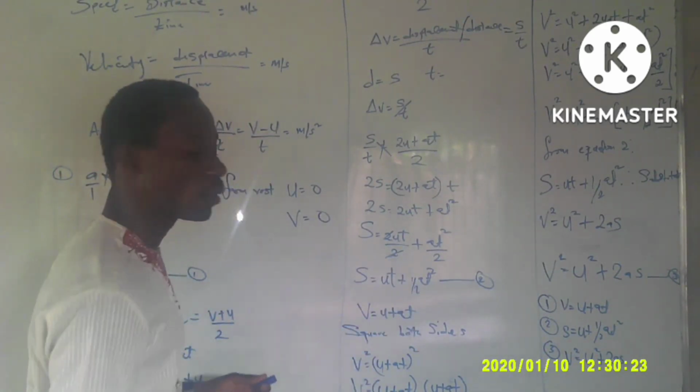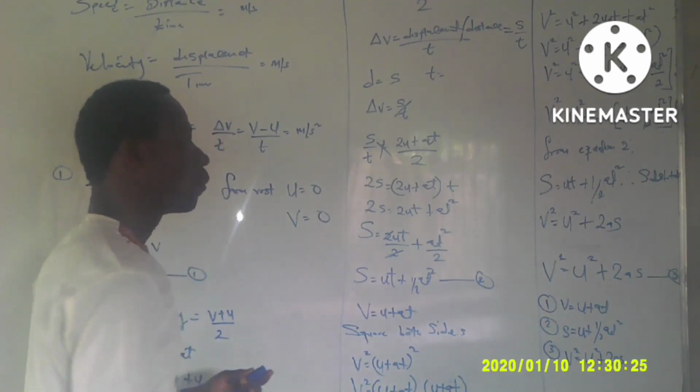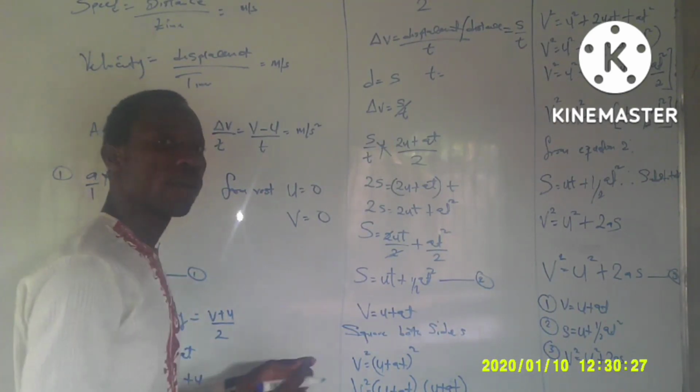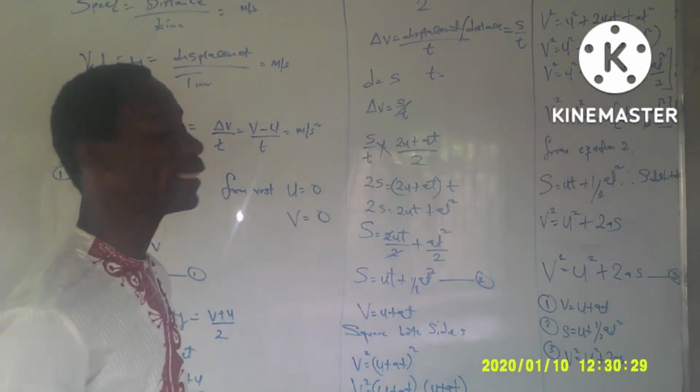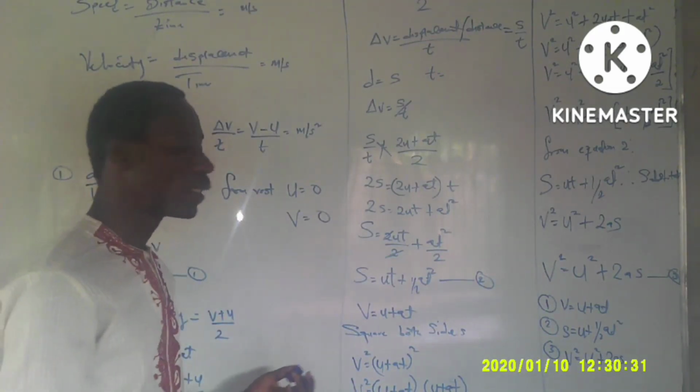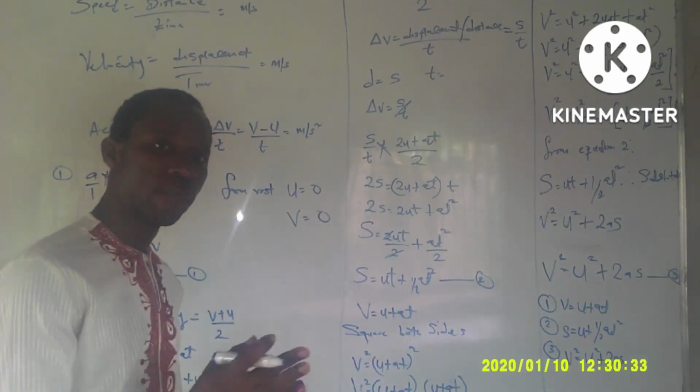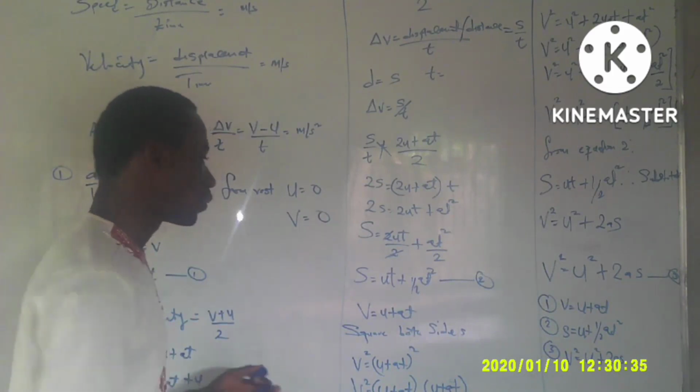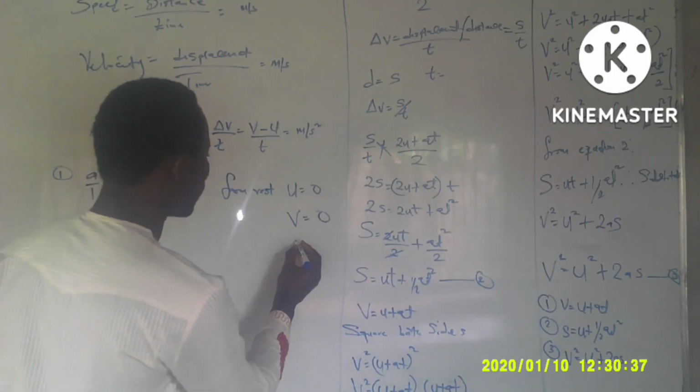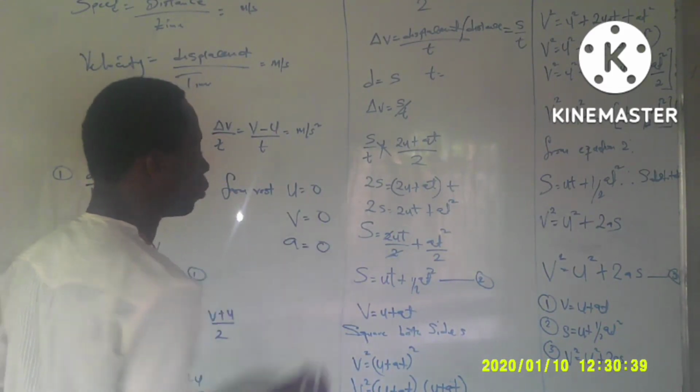Then, when the velocity of a body in motion is constant, that is, the velocity is not increasing and not decreasing, the acceleration is equal to 0.